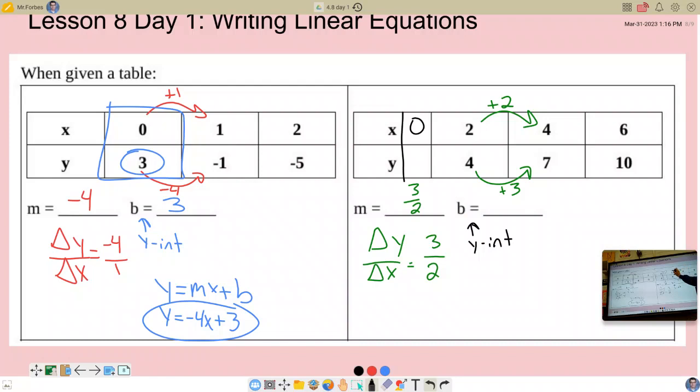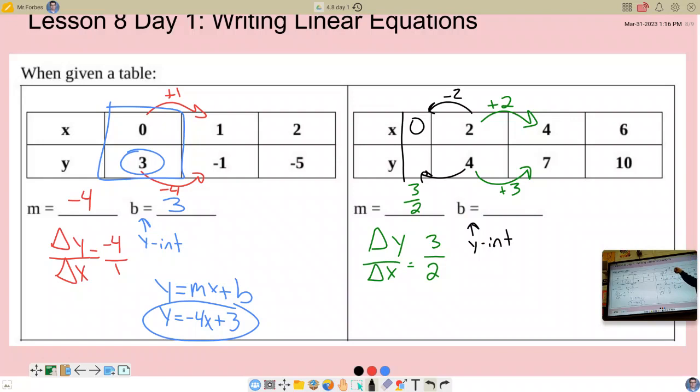Well, if I go from 2 to 0, how much am I going down? Minus 2, right? So we're going from 2 to 0. 2 minus 2 gets me 0. So if I'm going down 2, how much do you think my y is going to go up or down?